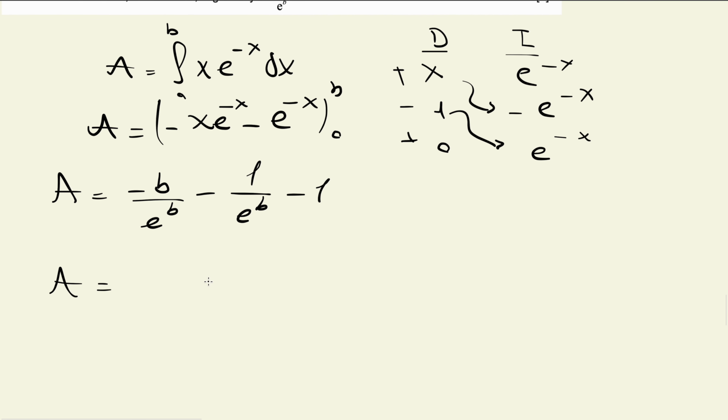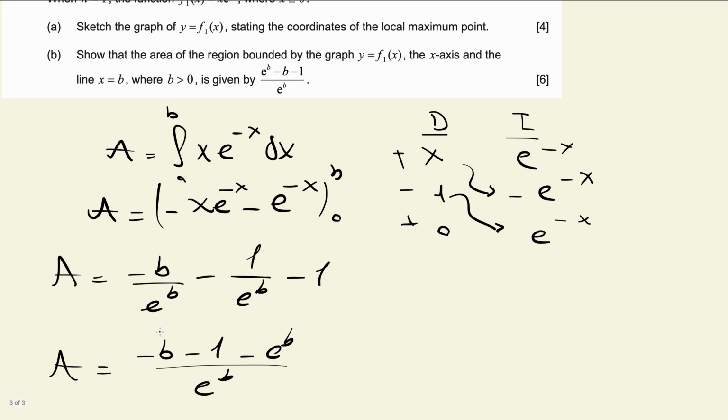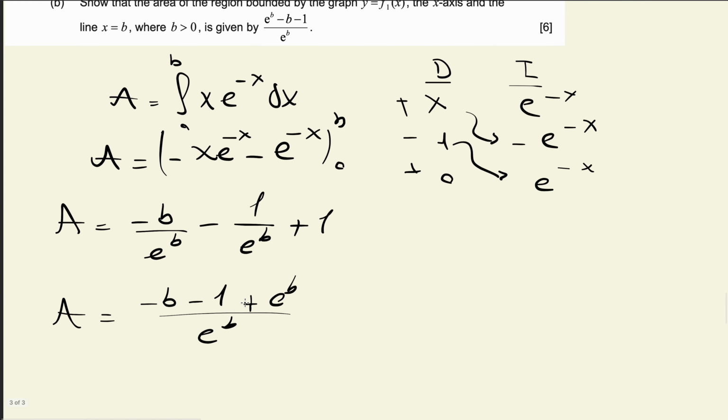Now if you find the common denominator, it'll be negative b minus 1 plus e to the power of b over e to the power of b. Where did I make a mistake? I'm sorry, this is going to be plus. Okay, there we go. That's right.